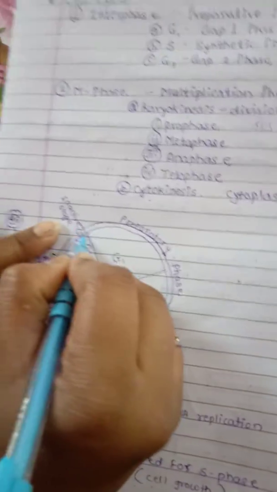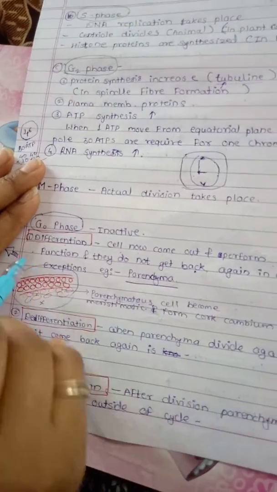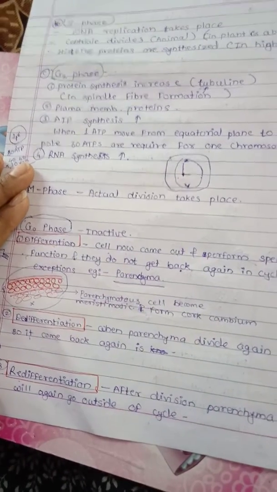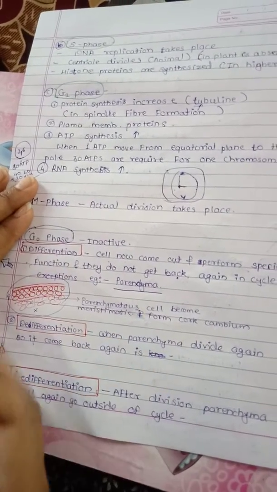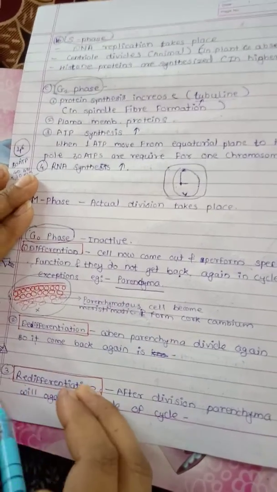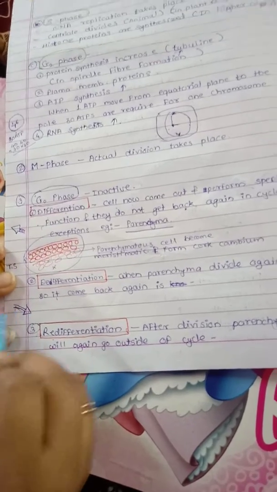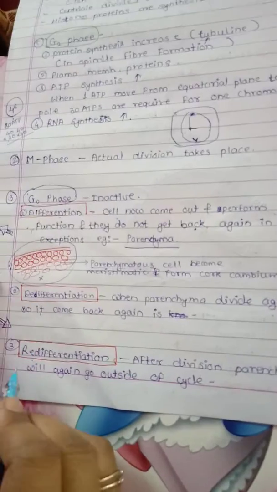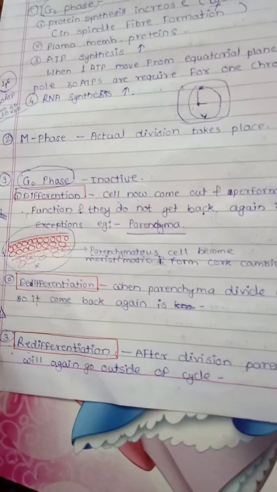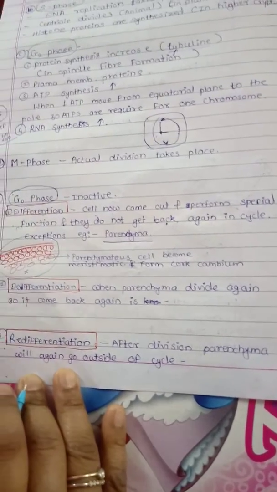If these come back into the cell cycle again, it is called de-differentiation. Differentiation means they come out, and de-differentiation means that after dividing they come back again into the cell cycle. Here this arrow indicates the comeback of parenchymatous cells. Then redifferentiation. After division, the parenchyma again goes outside of the cycle.